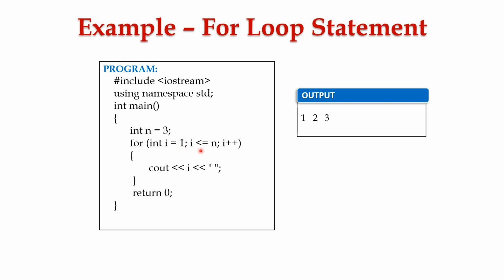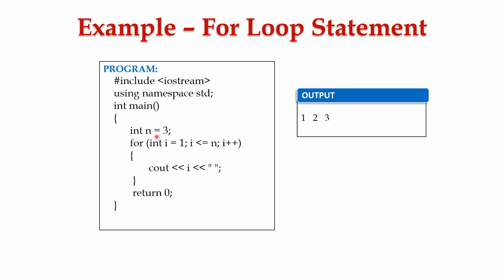Next, we have a condition, that is I should be less than or equal to n. Next, we have the increment operator for the variable I, that is I plus plus, which represents I equals I plus 1. We are incrementing I by 1. Next, in the for loop statement, we display the value of the variable I to the user. Next comes the return 0 statement and the program gets terminated here.